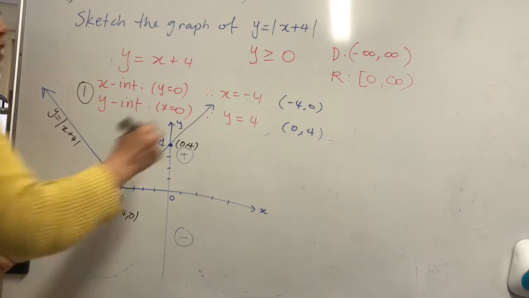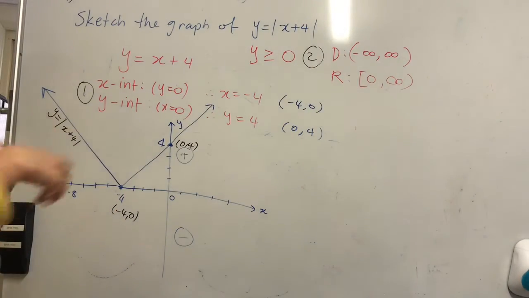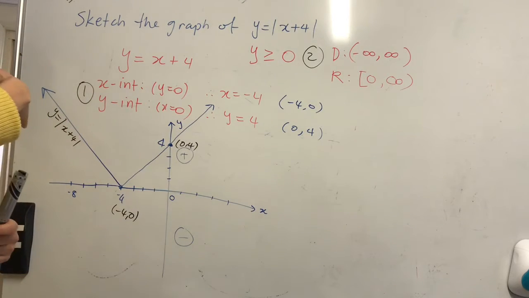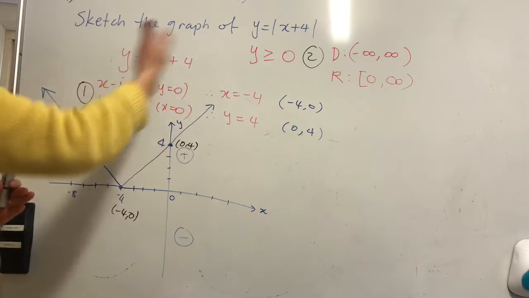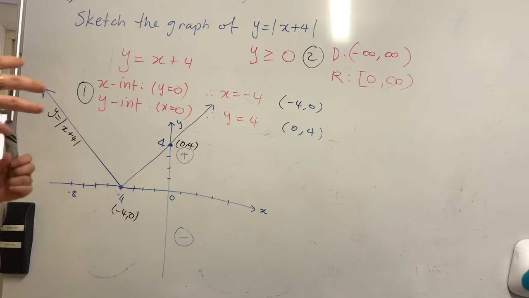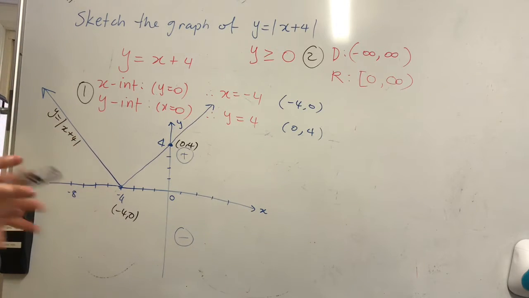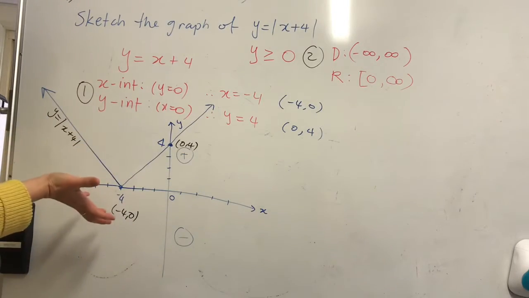You could do that, and then find domain and range and then sketch. Or you can find the domain and range first and then the x-intercept, y-intercept second. Doesn't really matter. But this is like cooking, all right? It's a prep. You're chopping and all that, ingredients, and then finally you're putting the cooking part.